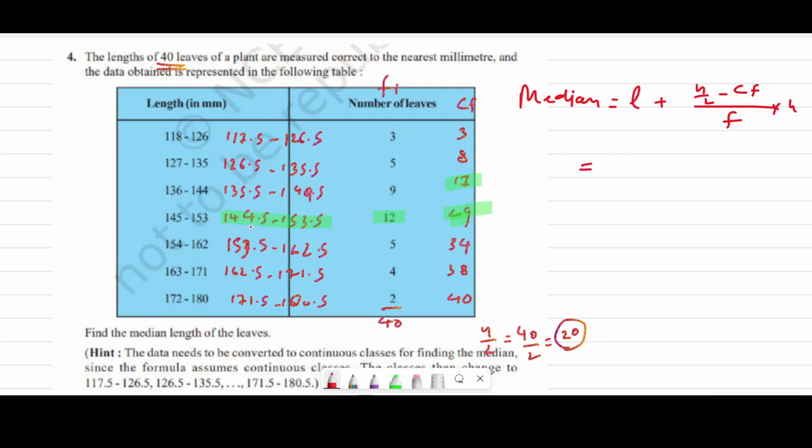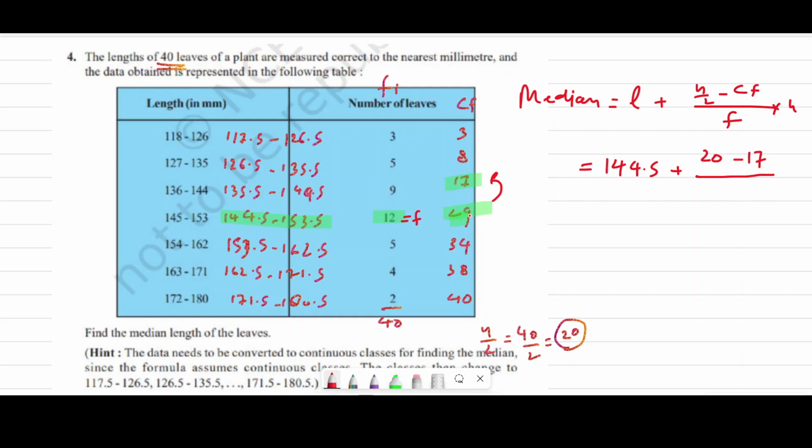Put the value of L. L is 144.5. So put here 144.5 plus n by 2, which we have calculated as 20. Now minus CF. What is the value of CF? This is the preceding cumulative frequency, which is 17. Now what is the value of F?